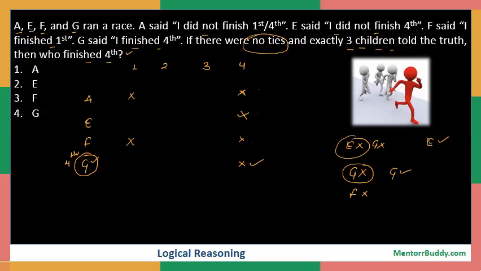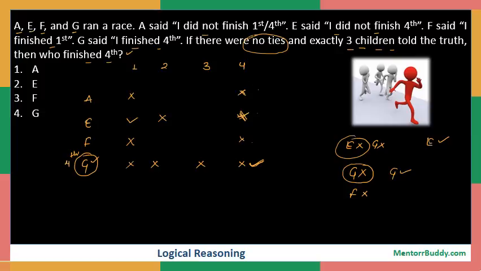Which is quite understandable, right? And then E saying I did not finish fourth is a correct statement, because we have already got F as incorrect. Because G has already obtained the fourth position, the fourth position is not available for the rest of the three people. So E must be finishing in first place, because that's the only position left for him.